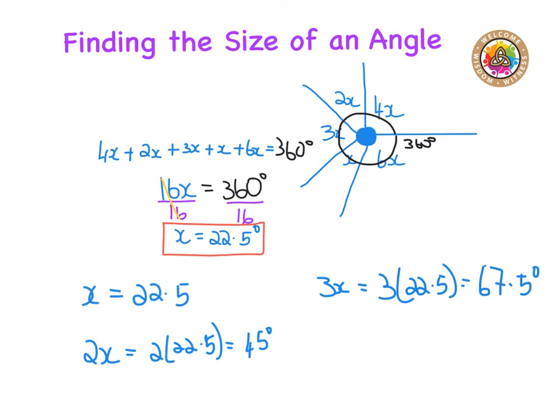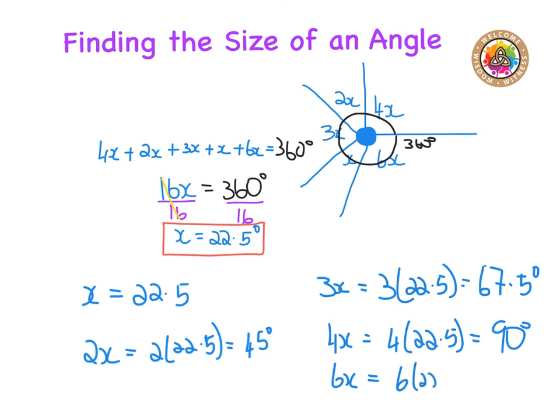And I would say that 4x is equal to 4 times 22.5 degrees, which is 90 degrees.